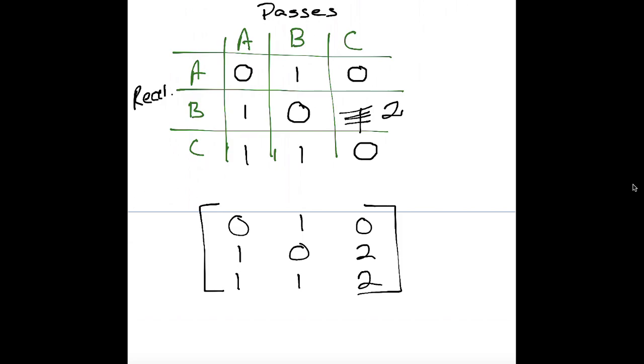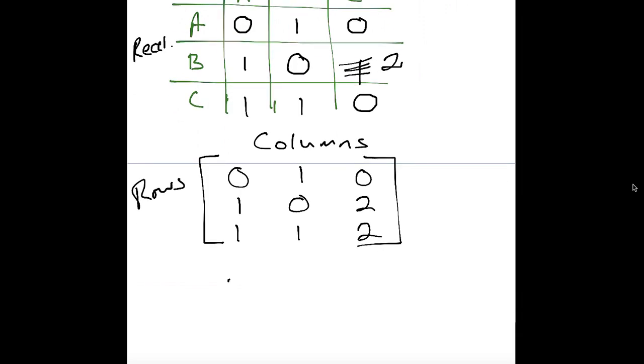And these over here are going to be called rows, and these up here are going to be called columns. You do it by rows and then by columns. So this is a 3-row by 3-column matrix. So we're going to do a little bit more work with this.